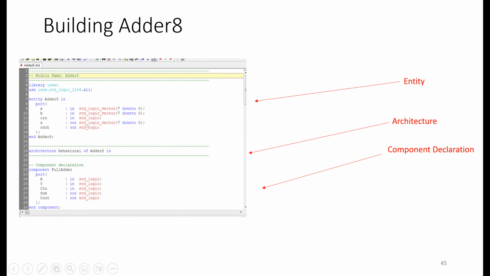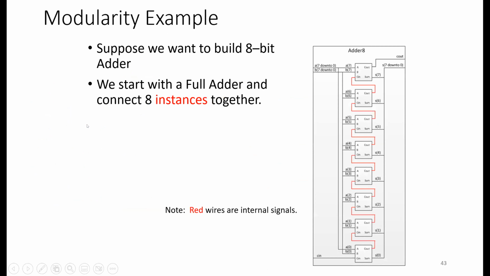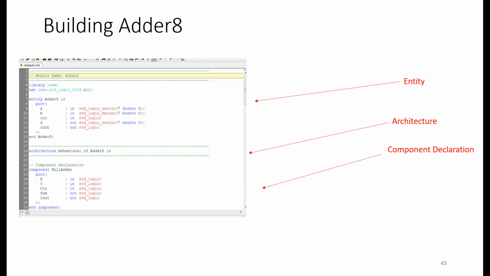And C out, this is my C out. Now I go to my architecture of adder 8. This is the one.